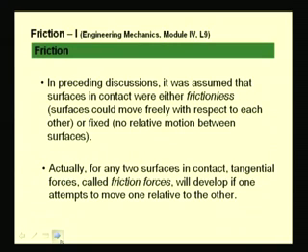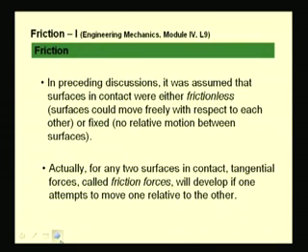This is for all surfaces irrespective of how smooth they are, though the degree of resistance offered for rough surfaces is more and for smooth surfaces it is less.